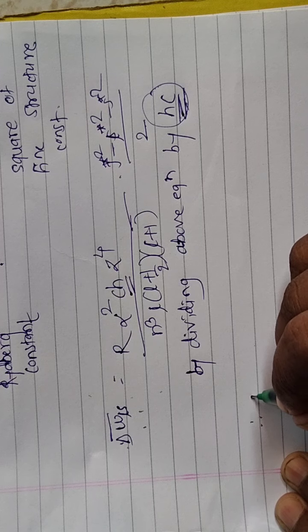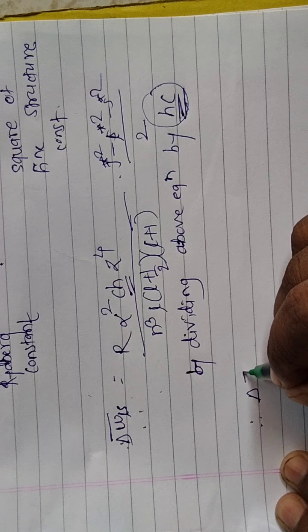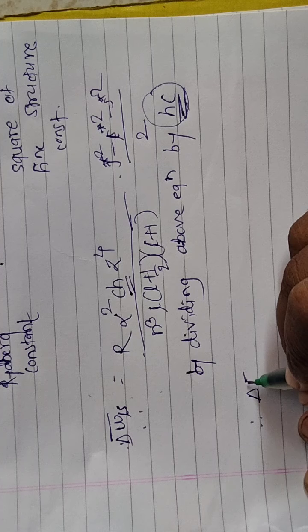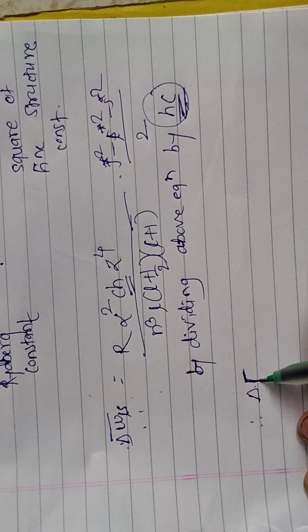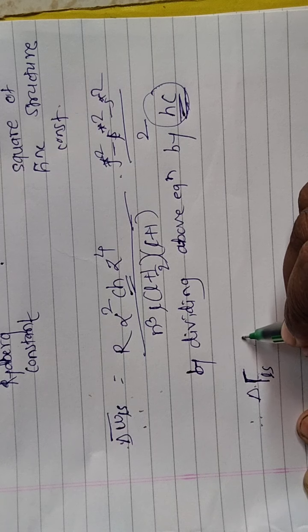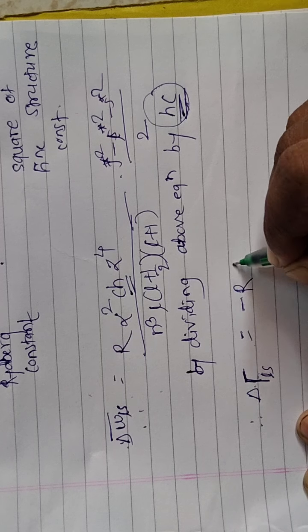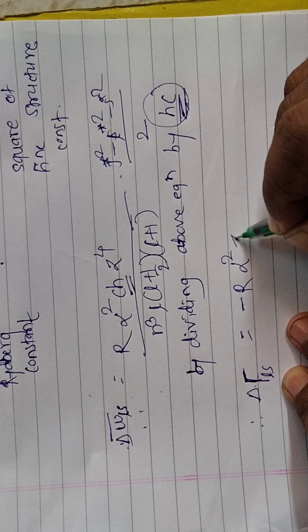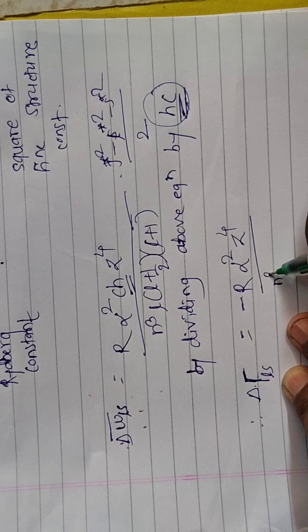So delta lambda, this is the spin orbit interaction energy in the form of wave number, is equal to minus R alpha square Z4 by n cube.